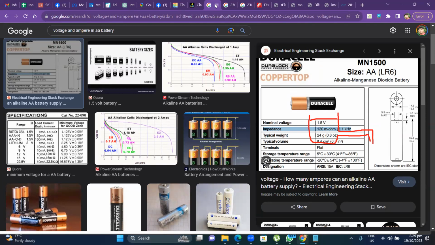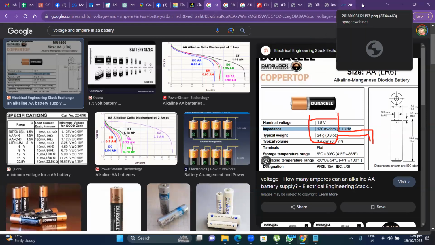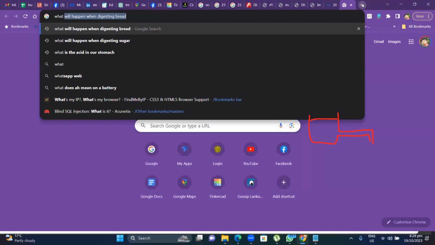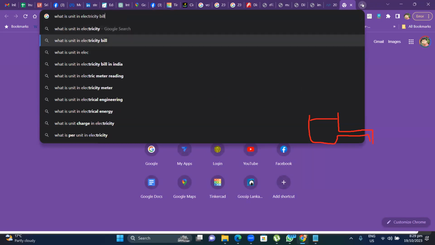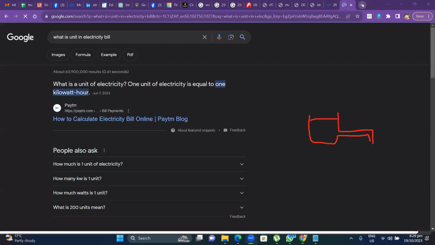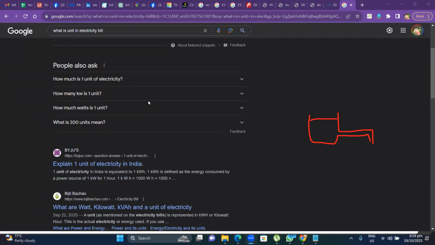This unit එකක් කියලා කියන්නේ, sorry, not megawatt hour, I made a mistake, 1 kilowatt hour. 1 kilowatt hour, right?